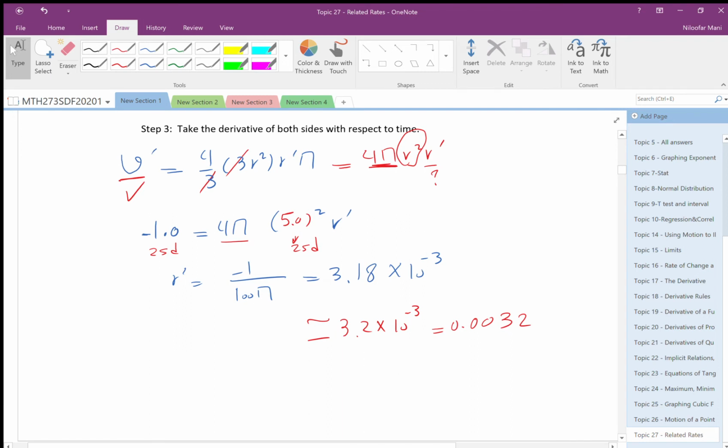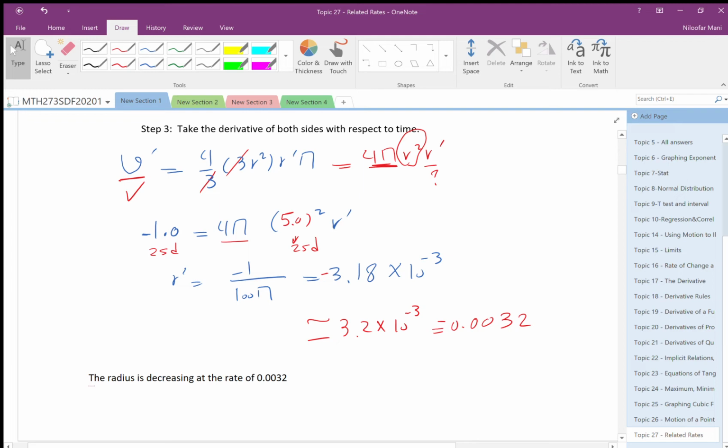Okay, so this is rate of change. I can write the rate of change for radius, and I need negative, because it's decreasing. Or I can say the radius is decreasing at the rate of 0.0032. 0.0032 what?